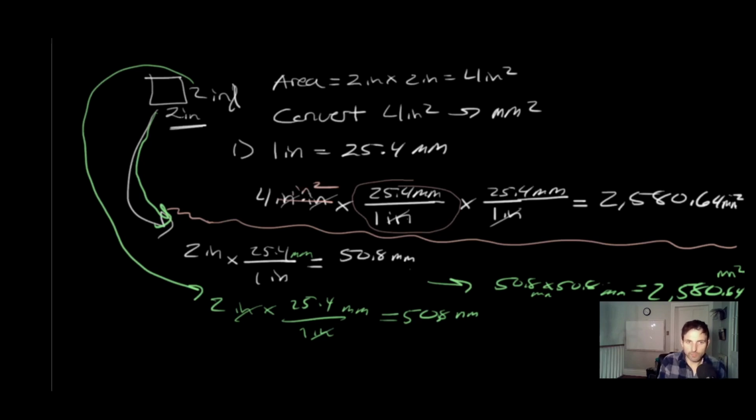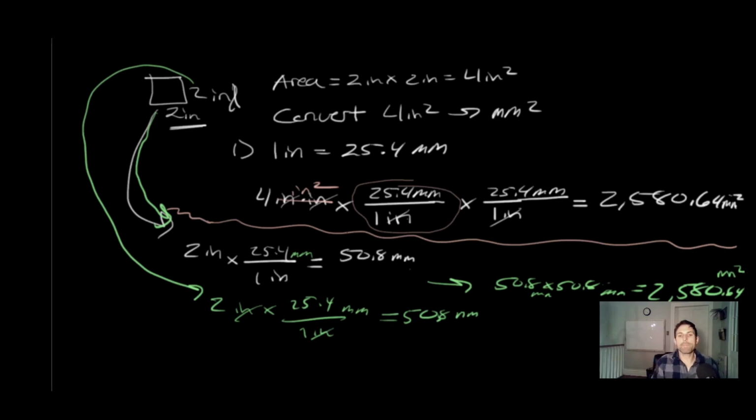Like you just saw up here, we would be converting it for one of the lengths and then separately converting it for another length and then multiplying them together. This is doing the same thing. You're converting each length separately, and then you're multiplying by what you have.